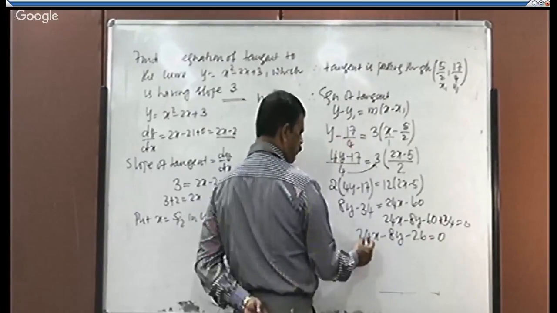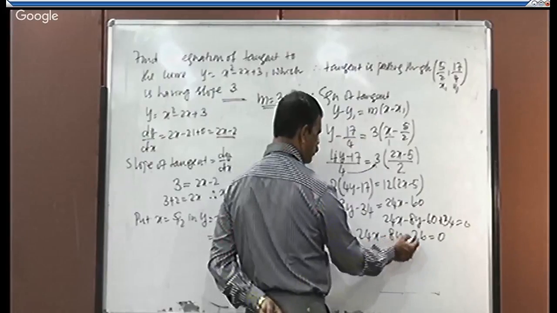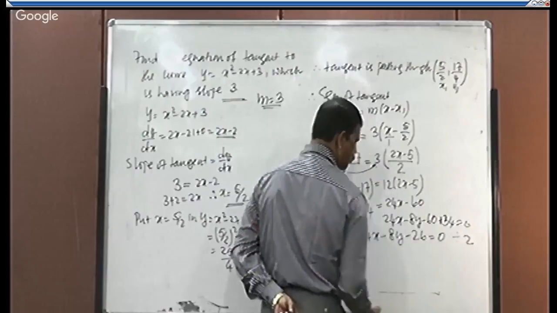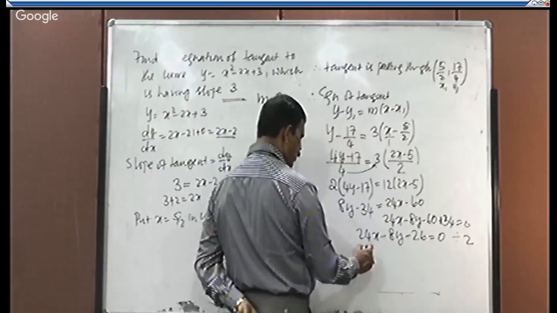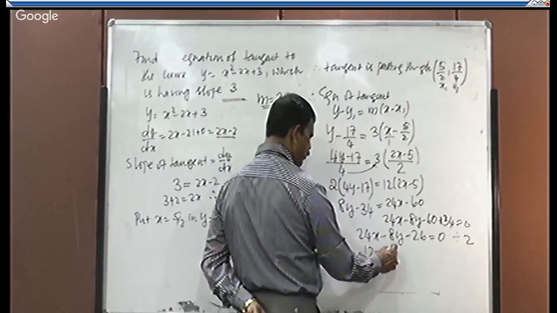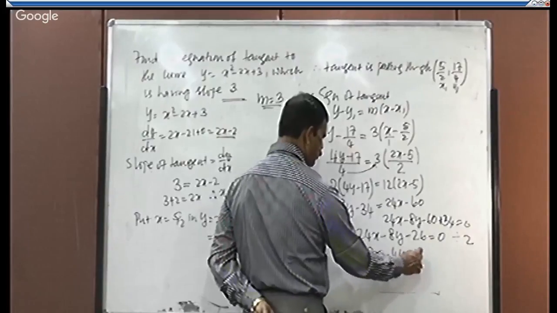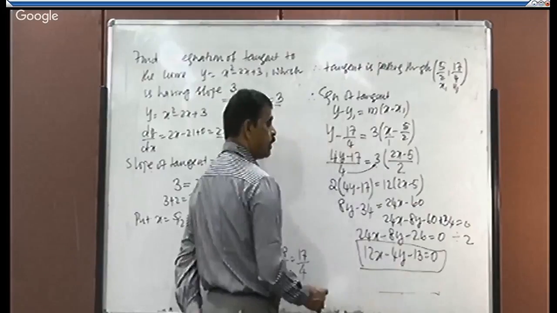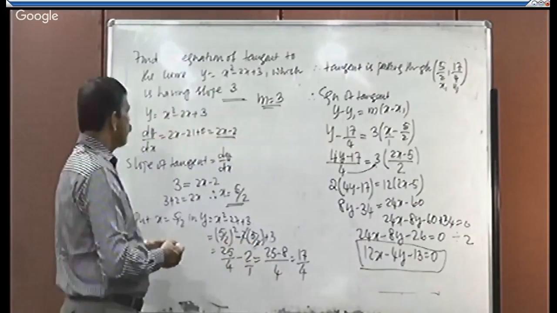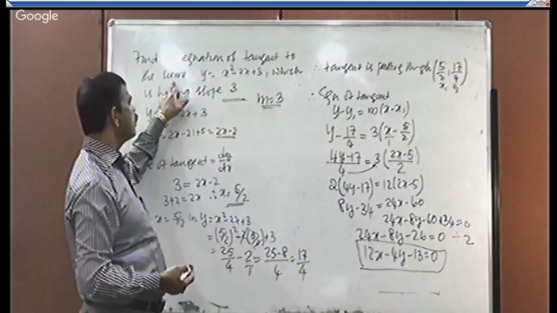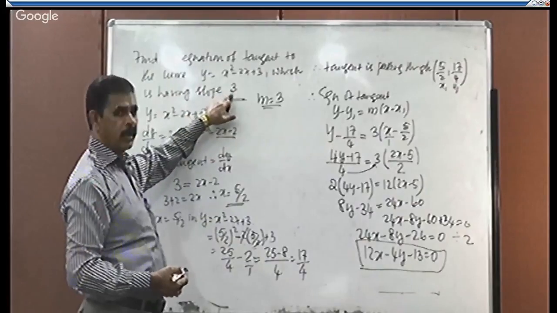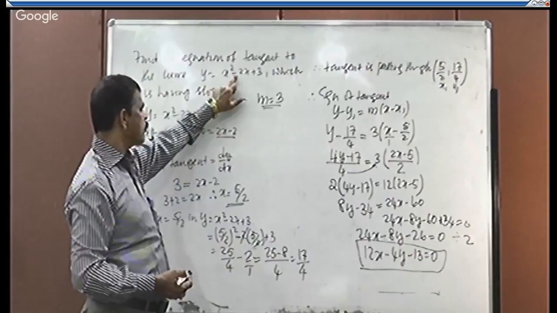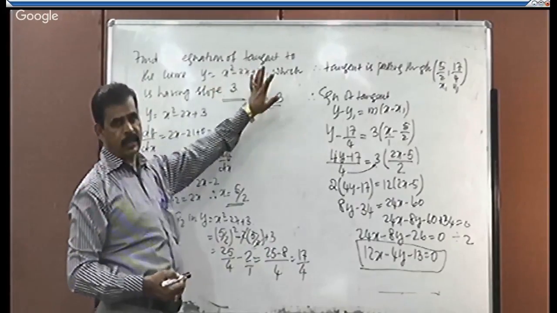Otherwise, you can divide by 2 also because all are even numbers. 12x minus 4y minus 13 is equal to 0. So this is the equation of tangent. That is the equation of tangent having slope m to the curve y is equal to x square minus 2x plus 3.